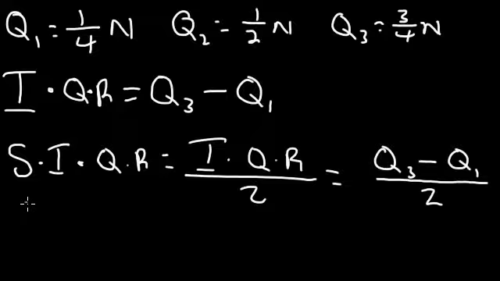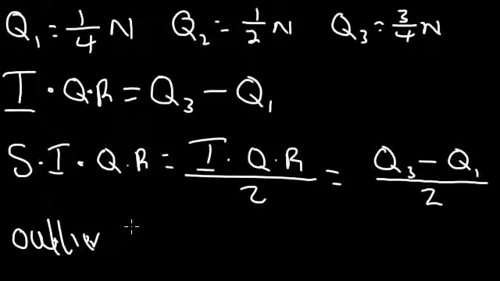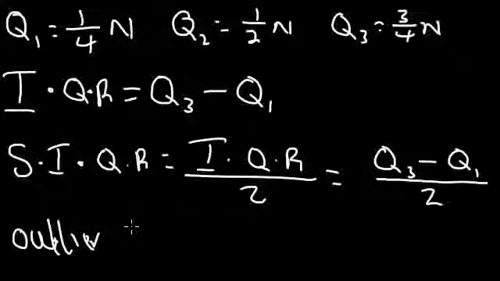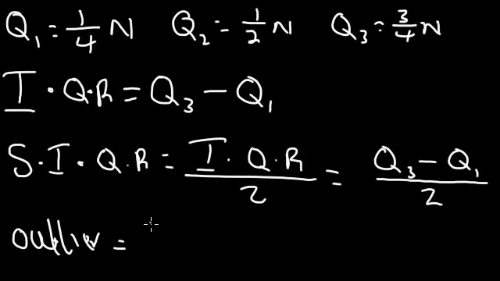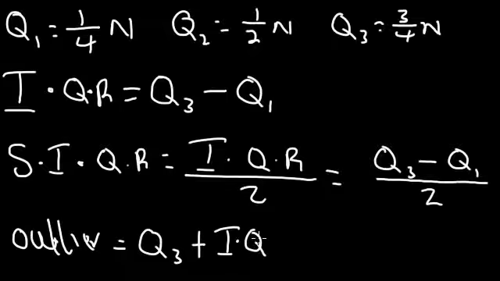Now, lastly, what we have to discuss before we begin an example is called an outlier. An outlier is a data that tends to fall outside a certain range. Now, whenever a data from a given distribution is above Q3 plus IQR multiplied by 1.5, then such data is said to be an outlier.